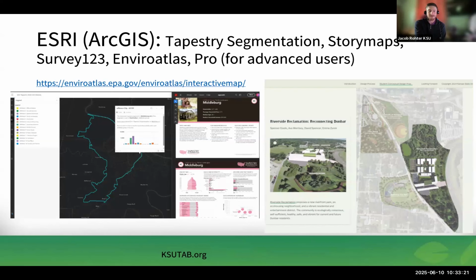Survey 123 is a great way to pull together data. EnviroAtlas, which is hosted by EPA, is a great mapping tool. And then there's Pro. So if you've got somebody in the public works department that really wants to know where the power grids and things are, that's really where that comes into play. You could spend an entire career studying this particular suite of tools, but needless to say, it's certainly something to be aware of if you've never heard of it.